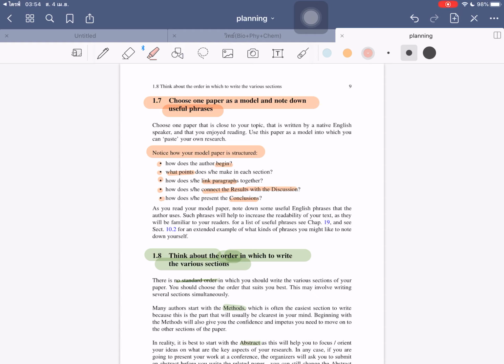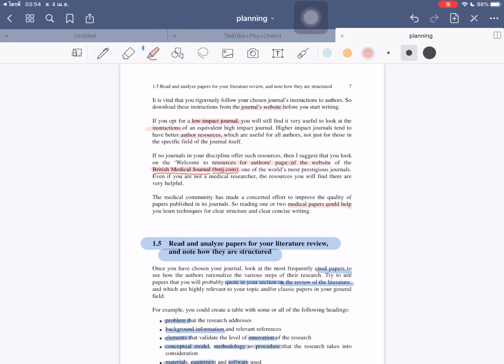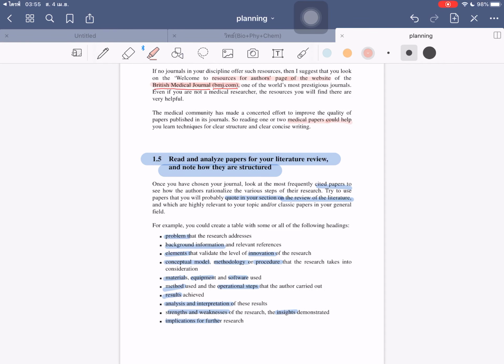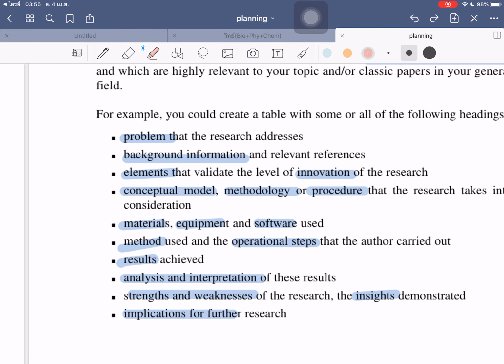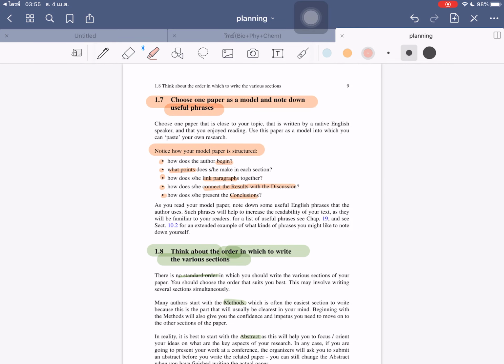When you make notes, you come back and ask yourself the questions in 1.7. When you analyze papers, you also look at these elements too. And then you make notes when you do the literature review.